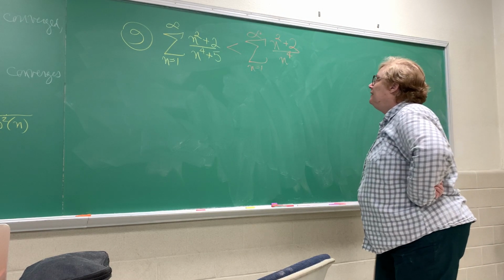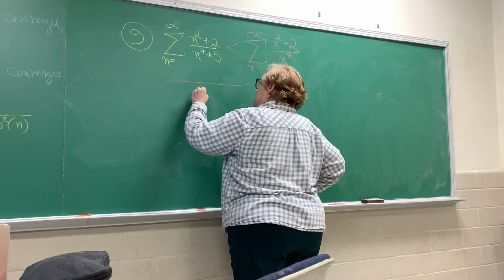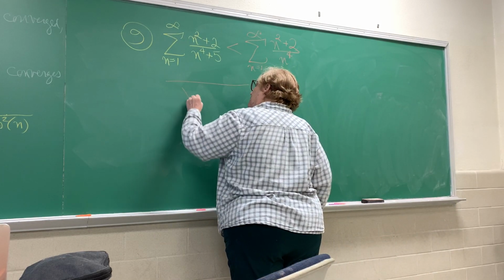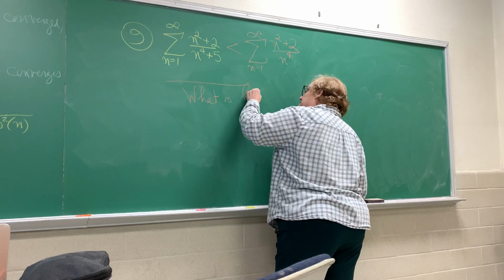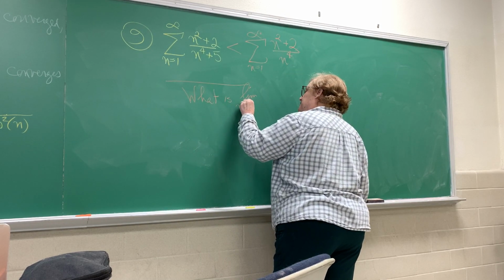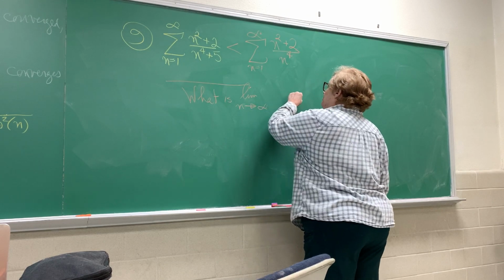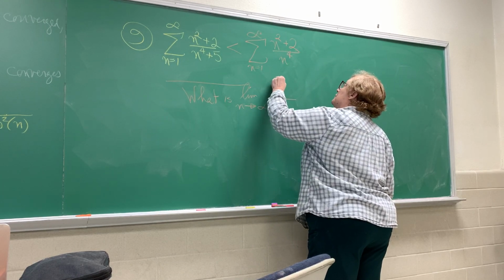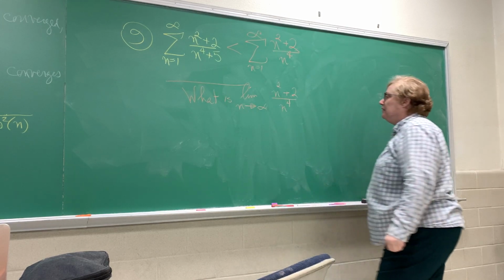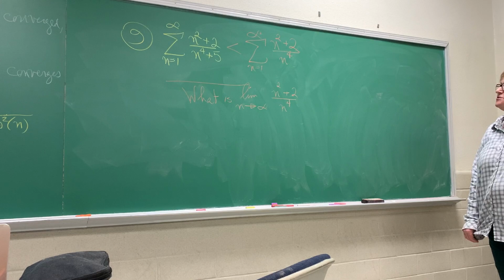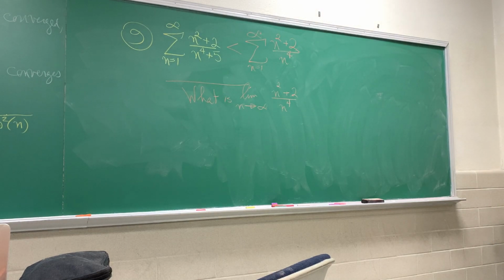So let's see what is the limit as n gets huge of those terms, n squared plus 2 over n to the 4th. Because we have to have that limit going to 0.